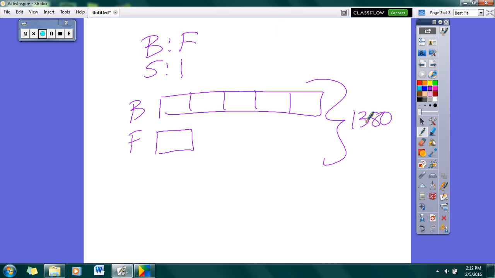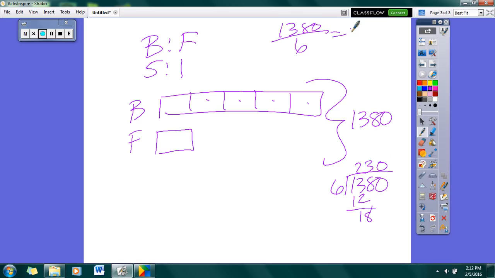I want to know how many baseball cards I have and how many football cards I have. So if I have my total, I'm going to break it up into the amount of total parts I have. So I have 1, 2, 3, 4, 5, 6 total parts. So if I take 1,380 and divide it by 6, I'm going to get 230. This means that each box is worth 230 cards, each part.